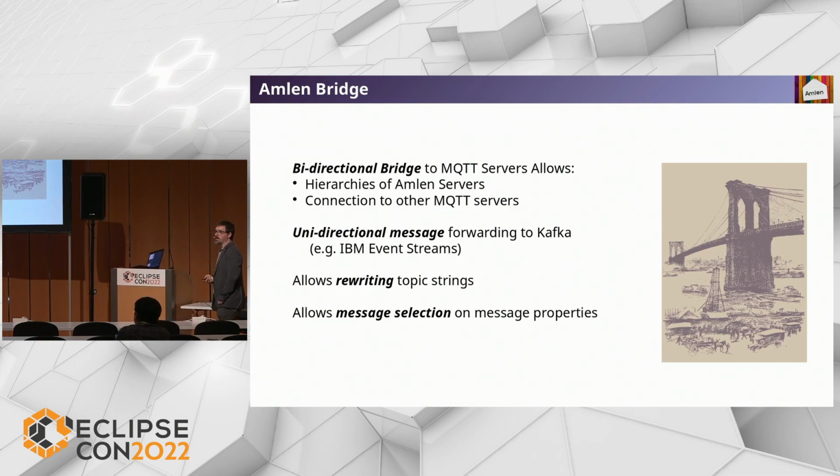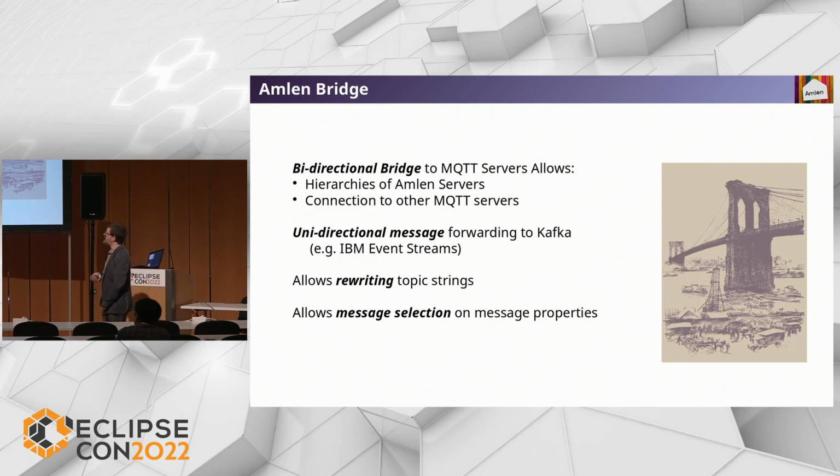So you can use this to make networks of Amlen servers where only some fraction of the messages on this server are forwarded up to a different Amlen in the cloud somewhere. There's nothing special about Amlen in this sense. You can use it to connect between Amlen and some other MQTT system.